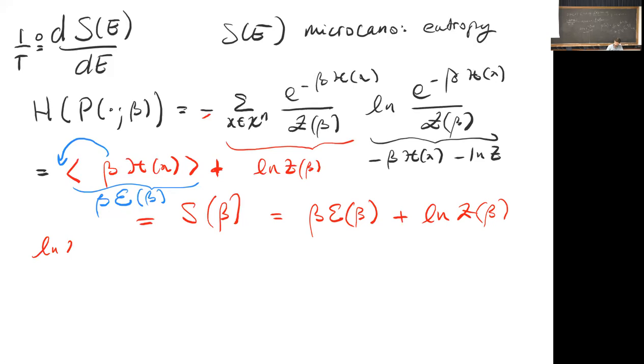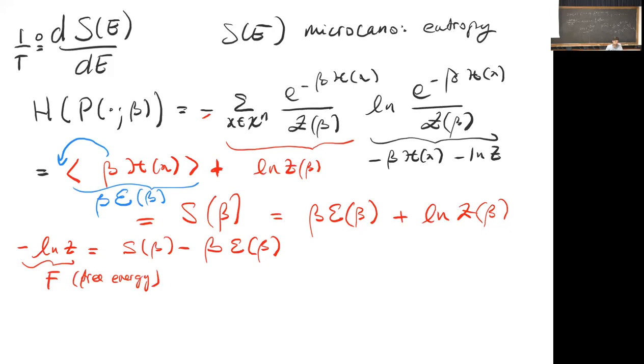It's log z, or minus log z is the free energy, which is the entropy minus the inverse temperature times the internal energy. This is what you usually call F, the free energy.